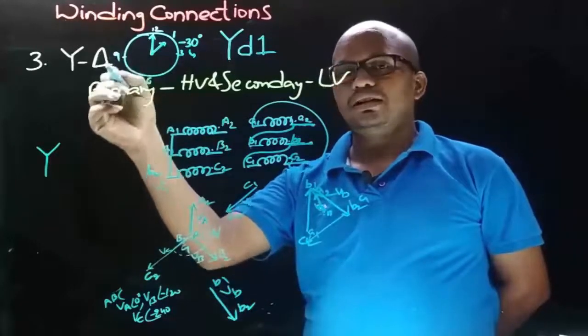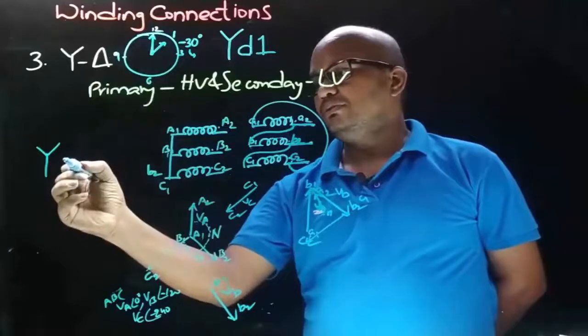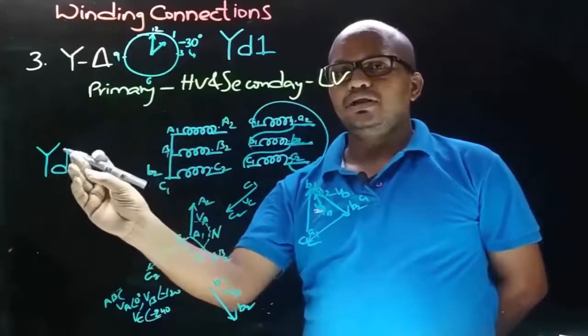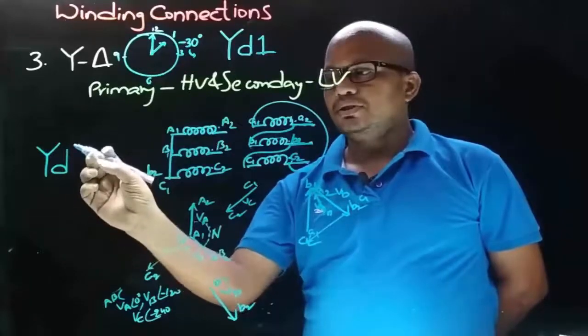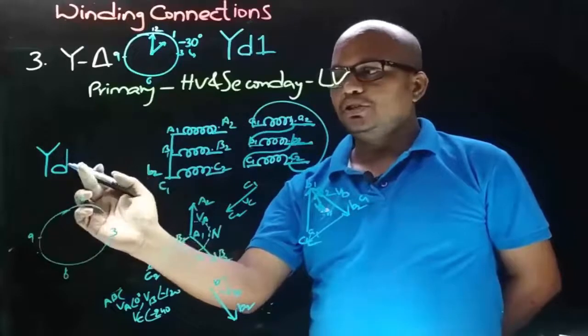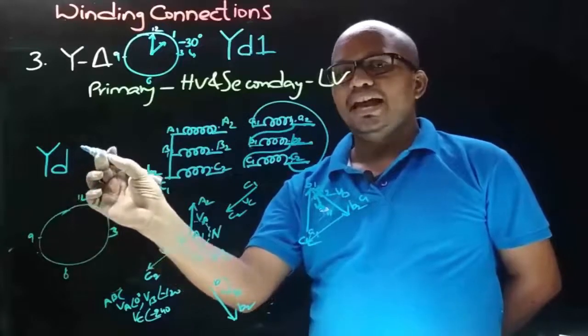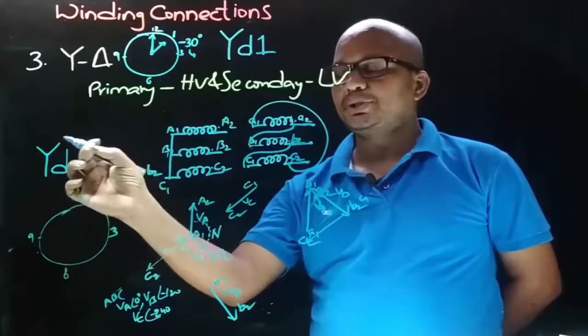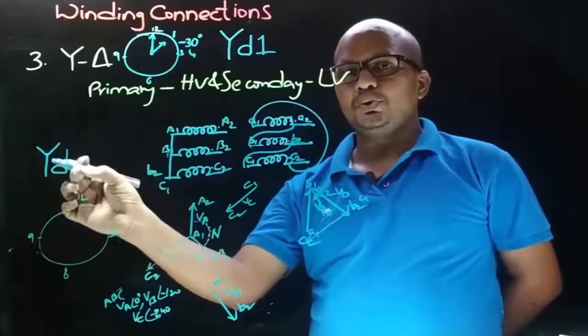So here we took delta as LV side connection, so it is represented with smaller case d. And now we need to decide the third position of vector group symbol. So here the third position is numerical, and the numerical in third position will indicate the LV side phase to neutral voltage phase displacement with respect to HV side phase to neutral voltage.